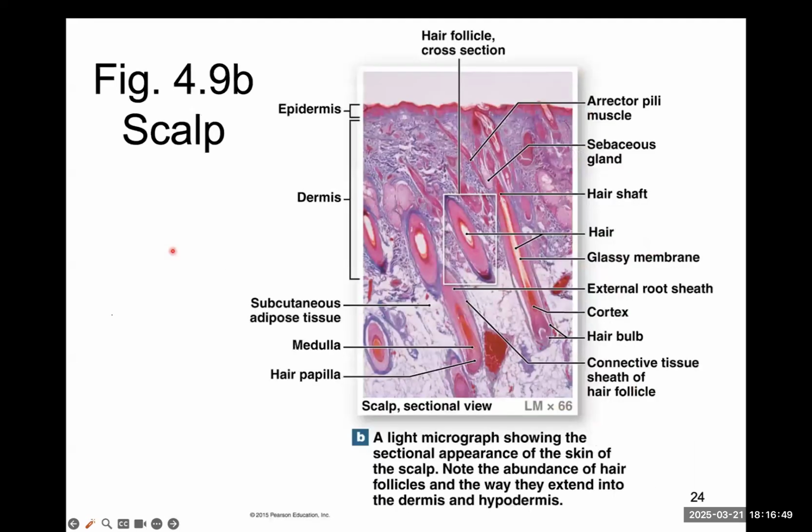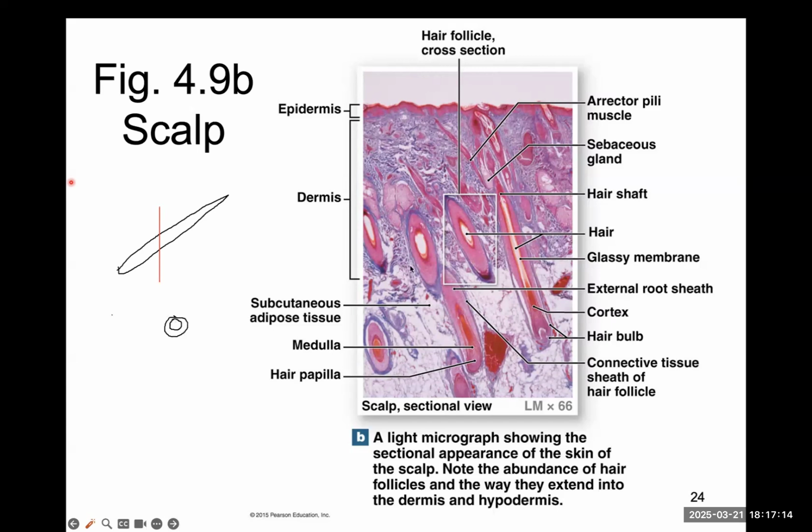This is what it looks like under the microscope. So if you go ahead and see, there's a hair bulb here. That's a hair bulb. And let's say I'm going to try to draw one for you. So this is a hair bulb. And if you take your scalpel and you cut through this hair, you are going to get a cross section of it like that.